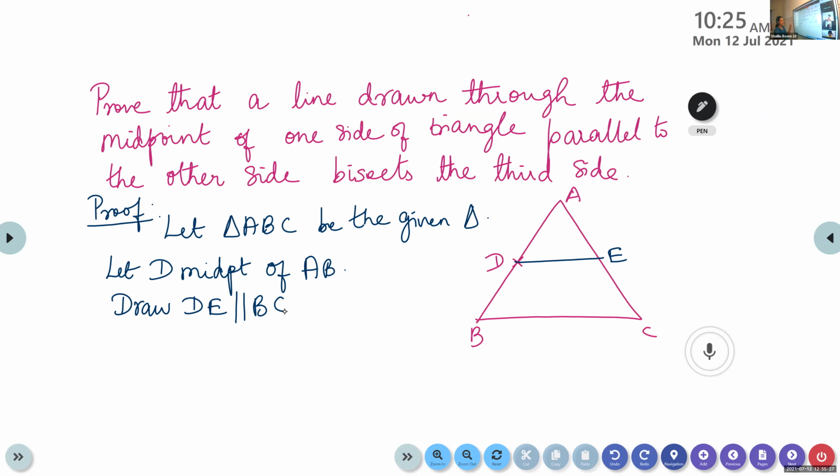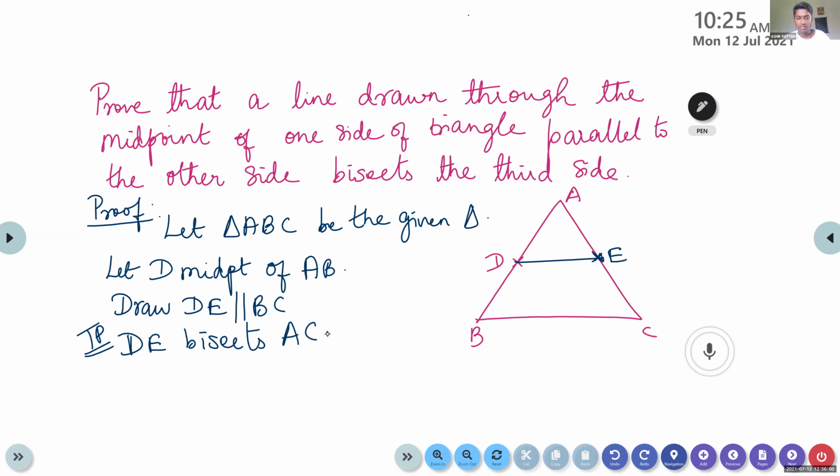Read the question again: through the midpoint of one side of a triangle, parallel to the other side. What we have to prove is that this line DE bisects AC. When you draw the parallel line, it is bisecting. That is what we want to prove. What is the meaning of bisecting?